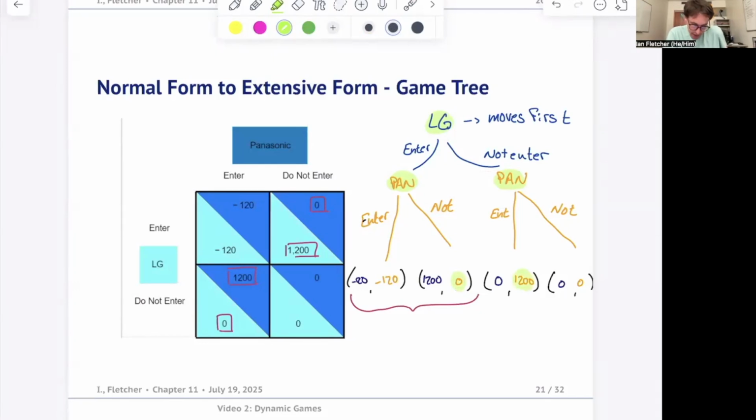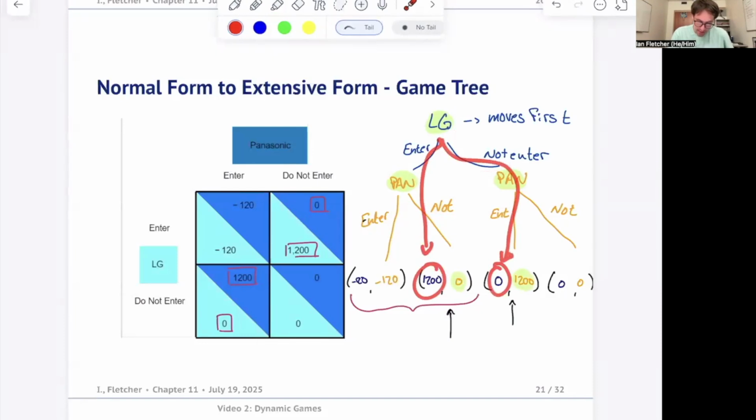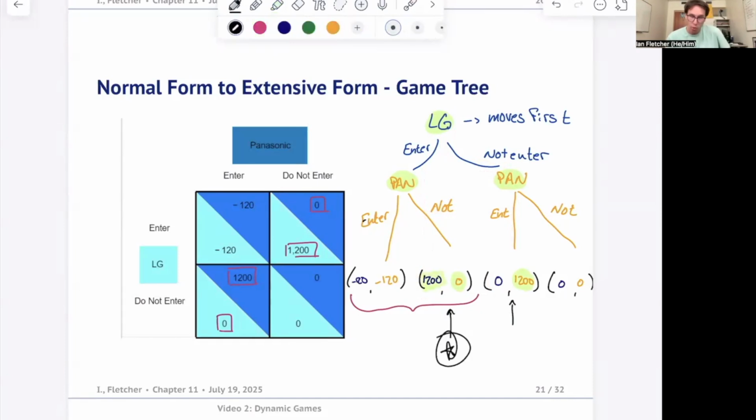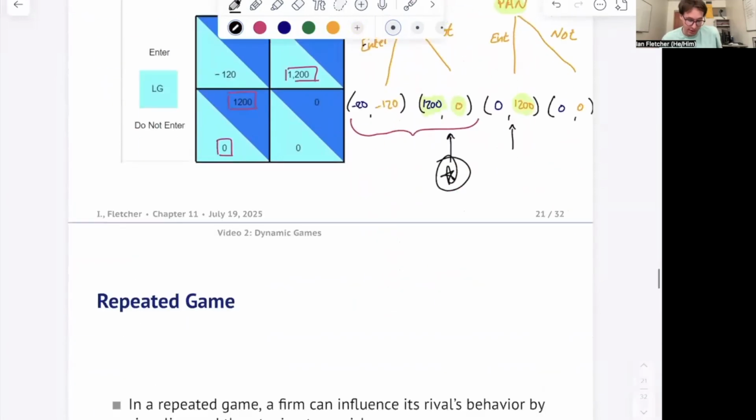And so now we know that we are here or we are here. And so now LG makes its decision. Do they want 1200 or zero? Should they enter or should they not enter? Well, obviously, LG is then going to enter. And so this would be our final outcome. That would be our final choice for this game tree.